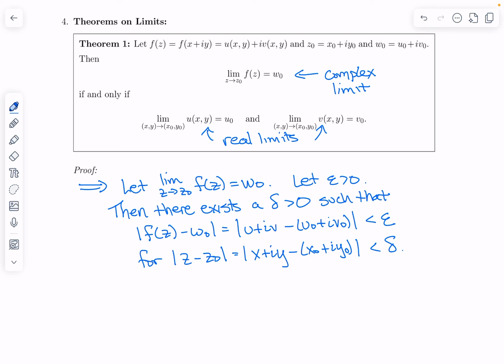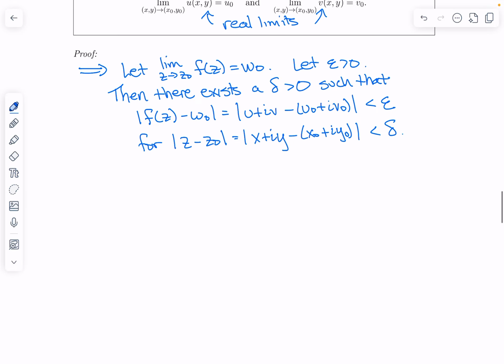So now that we've written out the formal definition of what we know because the limit exists, I want to talk about what we want to show here. So we want to show that the limit of x, y going to x0, y0 of u of xy is equal to u0, which is the real part of w0.